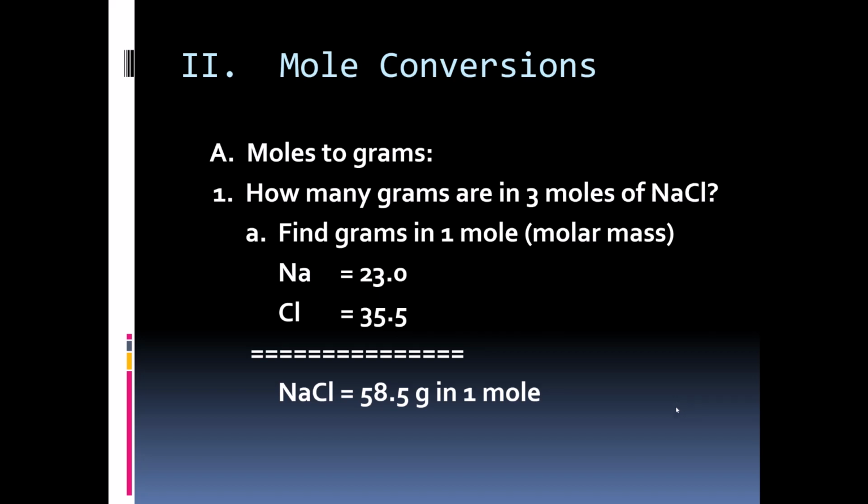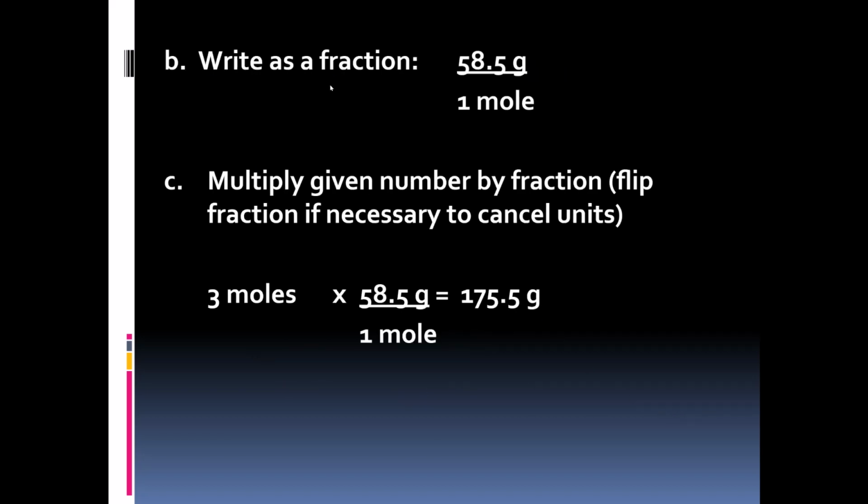Okay, from there you can write it as a fraction. Remember, since it's a whole number, it's over 1 mole. Then you just multiply it by the number of moles that you need.